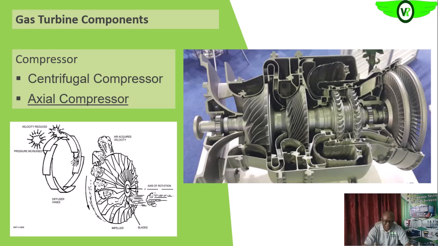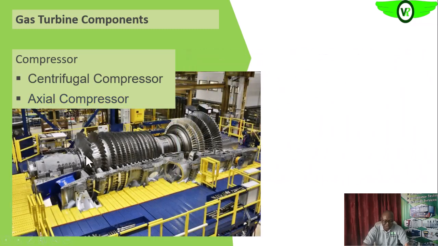But in the case of the axial flow compressor, the compression is done along the axis of the shaft, as we see here. So it is done along the axis of this shaft.